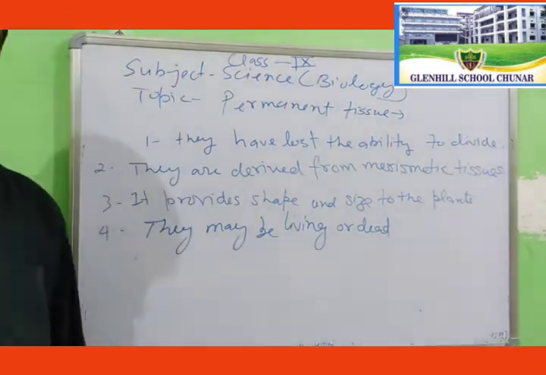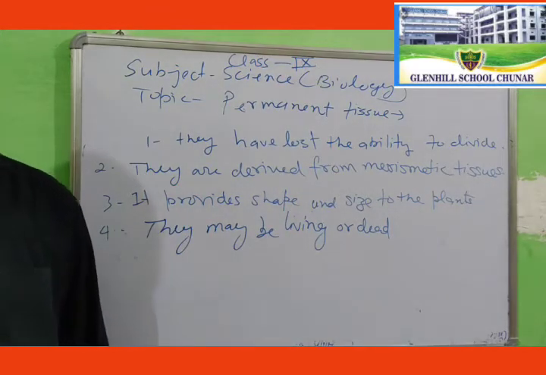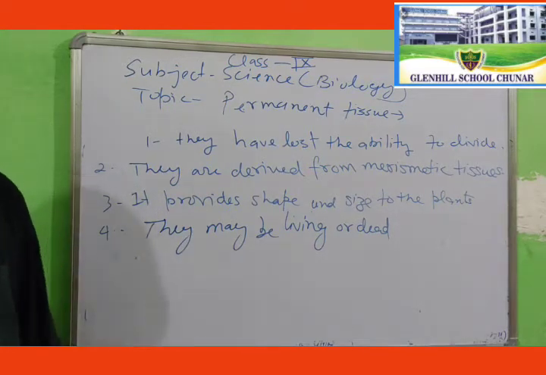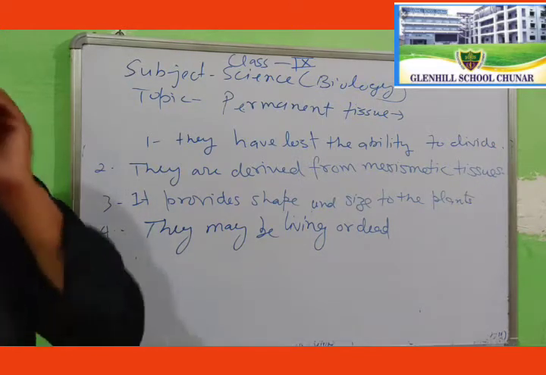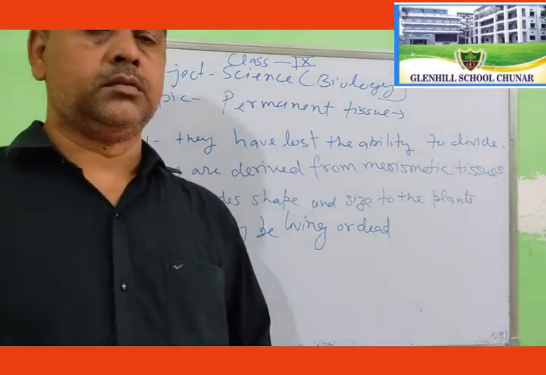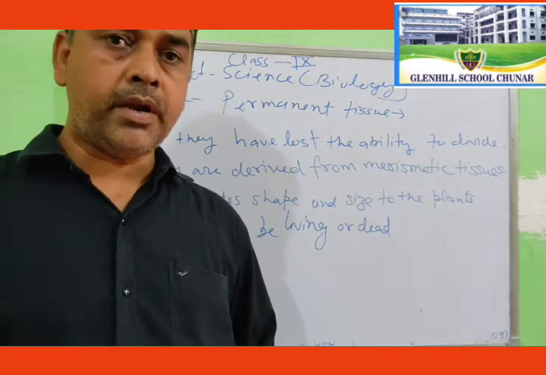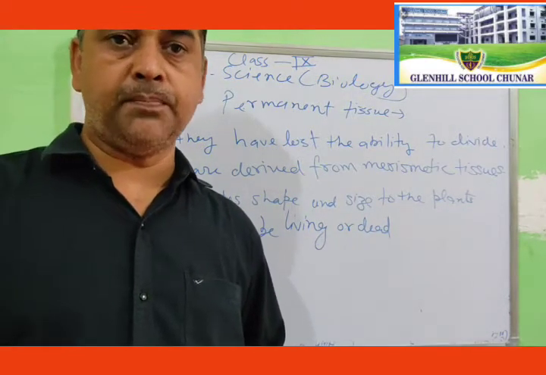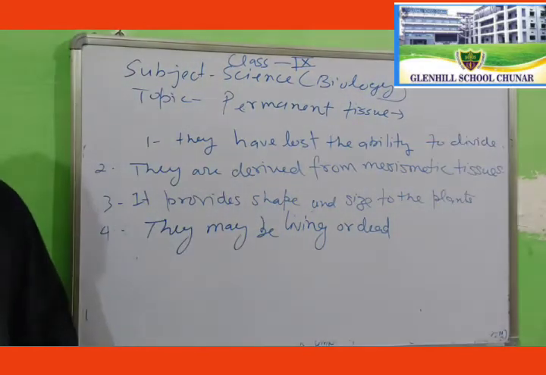Okay, write down student. Permanent tissue are divided into two types: simple permanent and complex permanent.